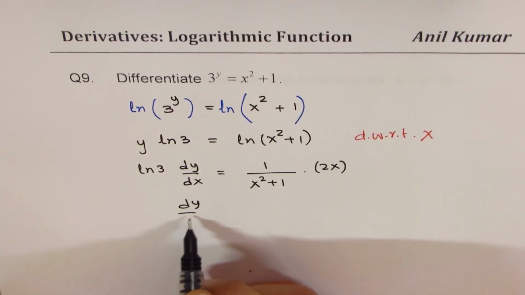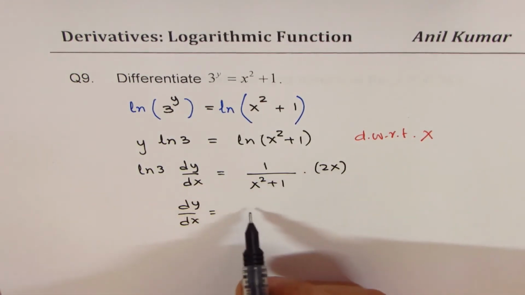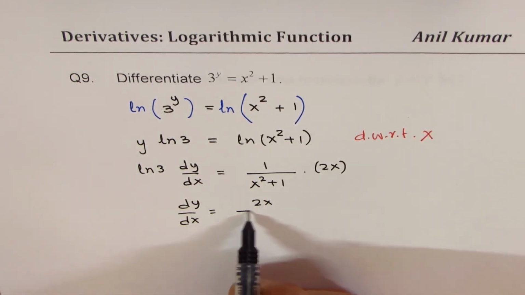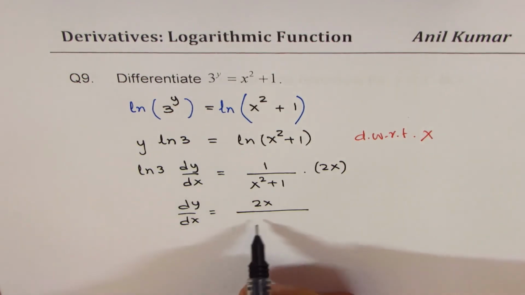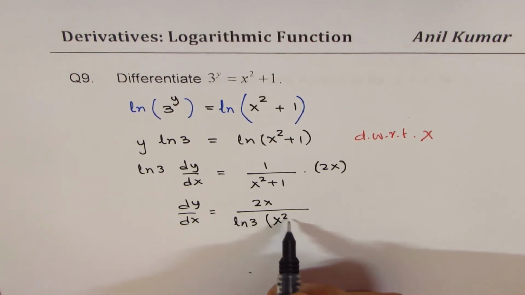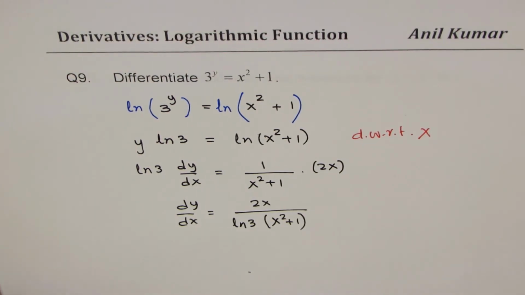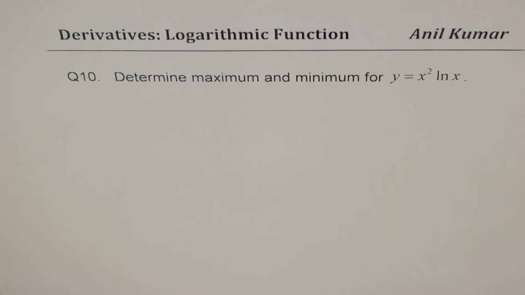So dy/dx is equal to 2x over, and that comes in the denominator, ln 3 times (x squared plus 1), correct? So that becomes the derivative of the given function. So I hope that is absolutely clear. So let's move on, and here is our last question.